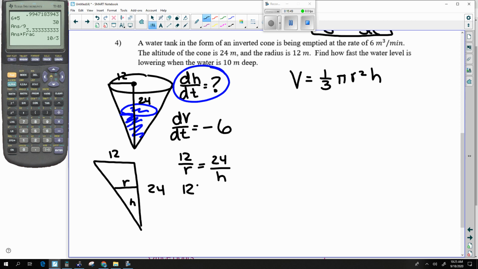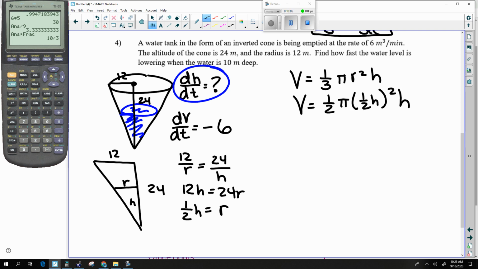So if 12H is equal to 24R, R is equal to 1/2 H. So 1/4, ultimately making this 1/8. So what I did is I eliminated the R's and I wrote this formula in terms of H.